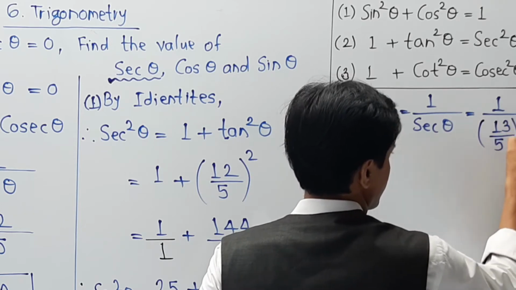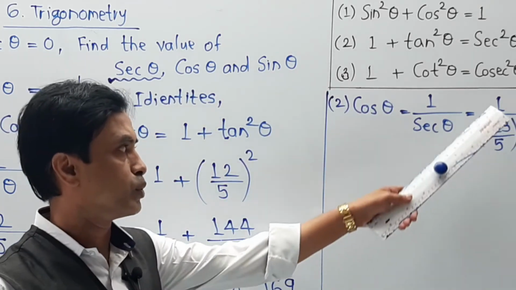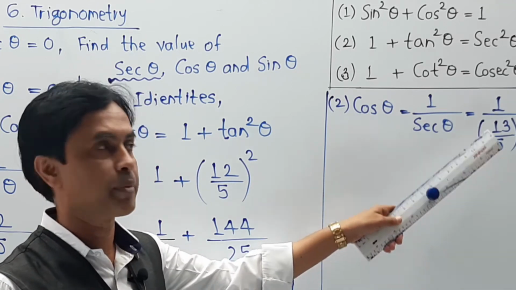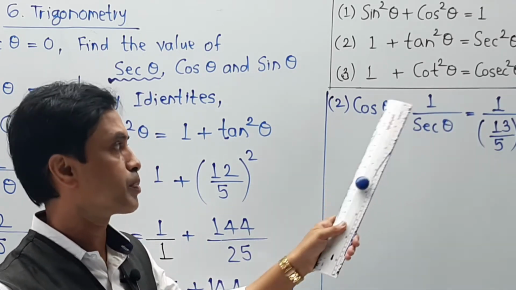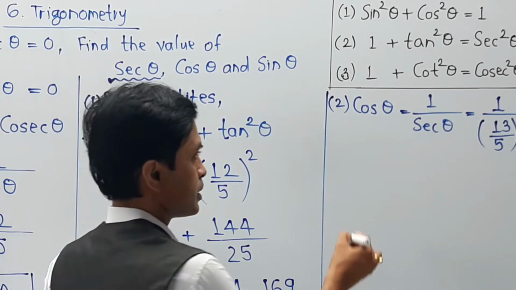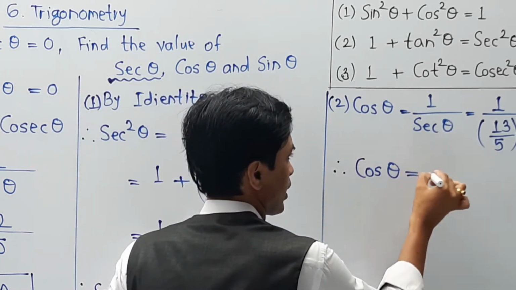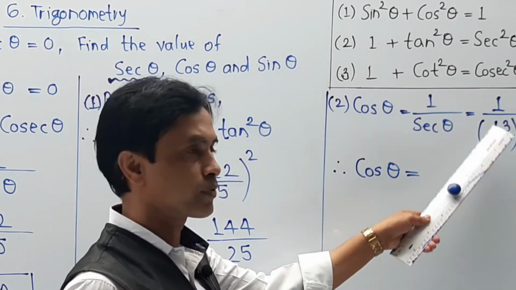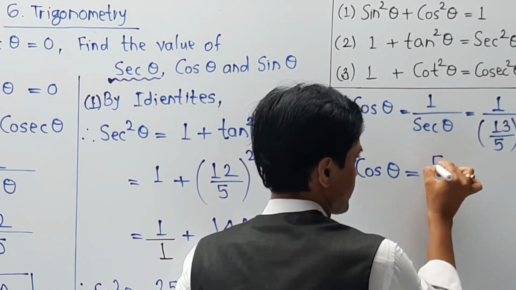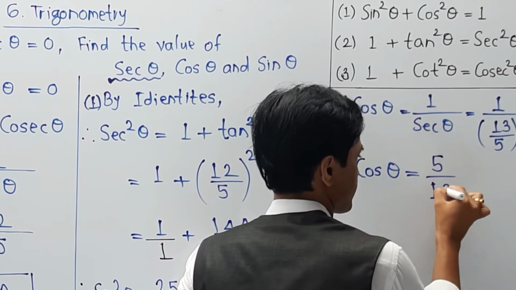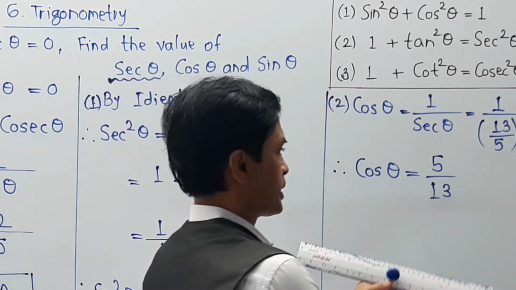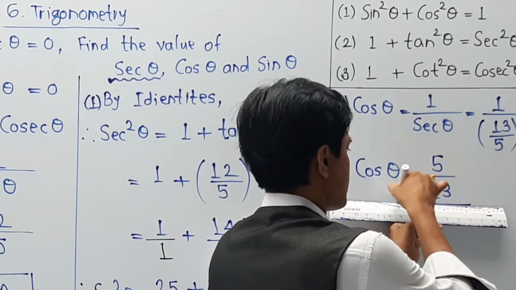Now we have to do a reciprocal of 1 upon 13 by 5. So 13 upon 5, its reciprocal becomes 5 upon 13. So you are getting the second value, that is cos theta, 5 upon 13.